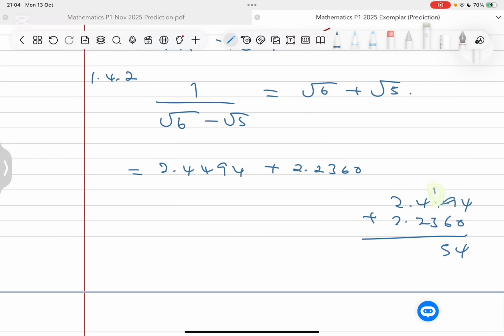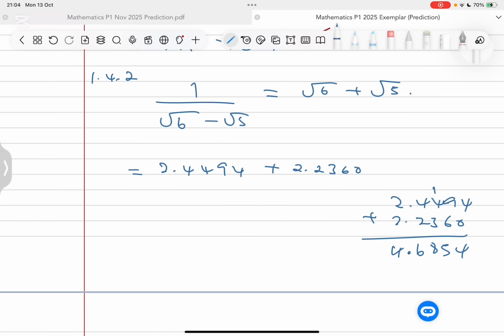Here I'm going to have a 5 plus a 3. That should be an 8. And then we have a 4 plus a 2, that should be a 6. Then we have our comma there, and then we have a 2 plus 2, which is a 4.